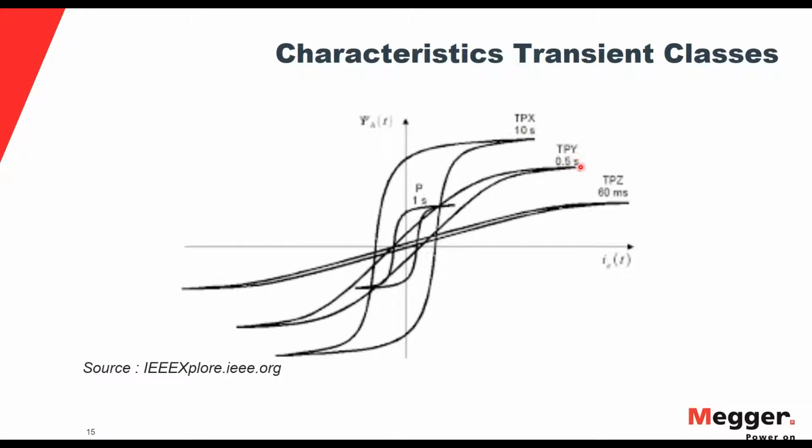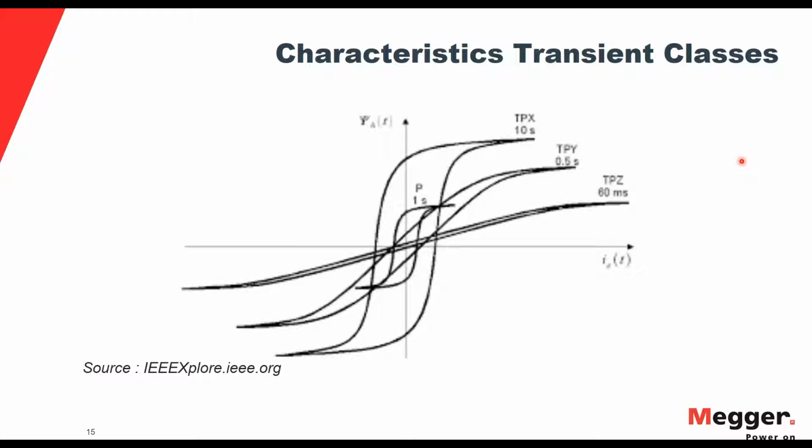As for the other two, TBX and TBY, they have slightly more, much more actually, remanence than the normal B classification. So they are usually used in applications where this characteristic is required, something like auto recloser applications, when you have a number of turn on and off cycles and the fault could be persistent. This classification is recommended for that application.